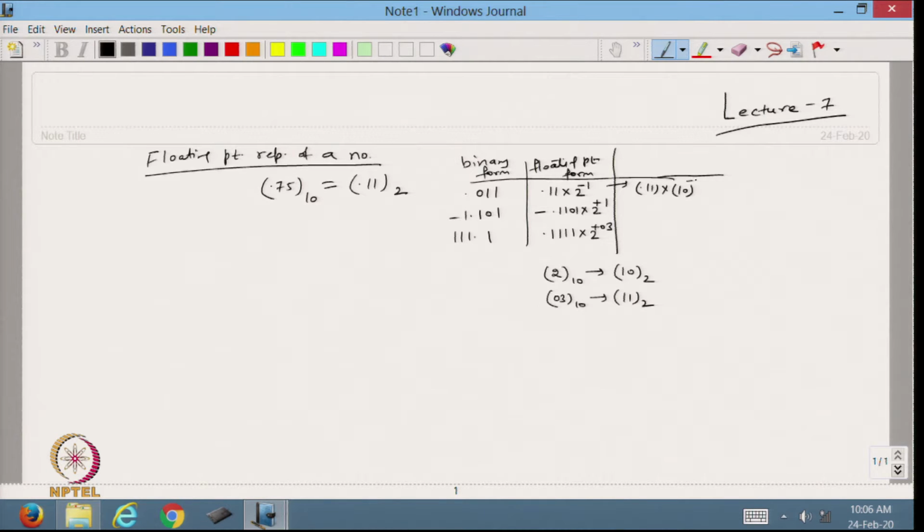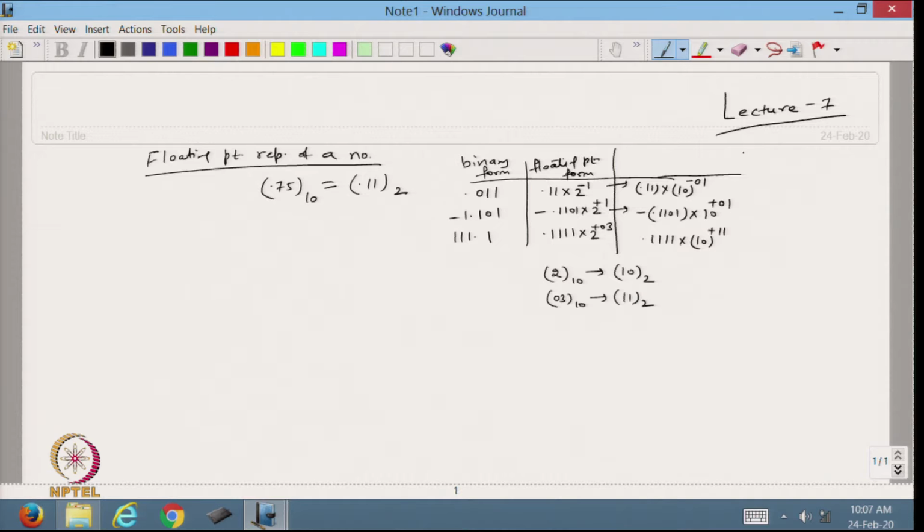So this can be written with exponent -01, and this number I can write as -0.1101 multiplied by 10 raised to power plus 01, and this one is 0.1111 into 2 raised to power plus 3, which means 10 raised to power 11. So that is the representation of a floating point number in binary form.